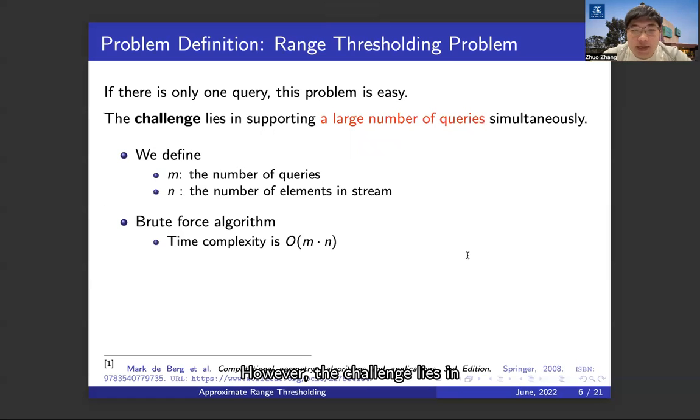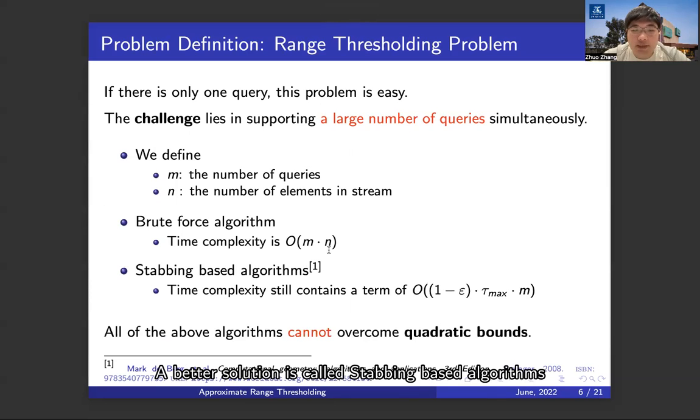However, the challenge lies in supporting a large number of queries simultaneously. Suppose we have m queries and n elements in total. The aforementioned brute force algorithm will have the time complexity m times n. That is because for each of the elements, you have to touch each of the query ranges one by one.